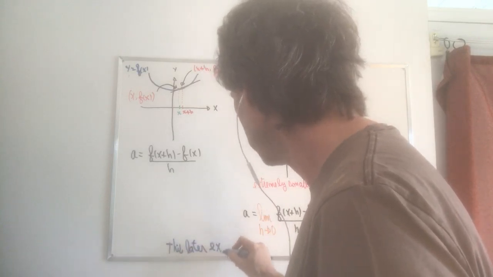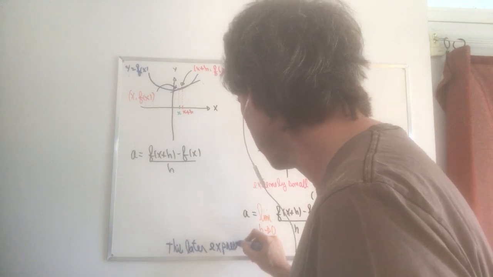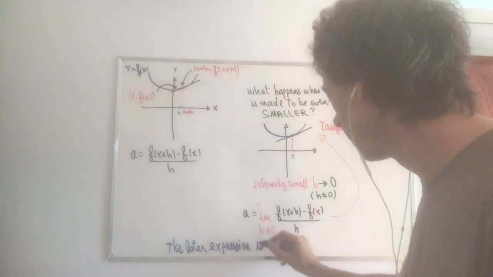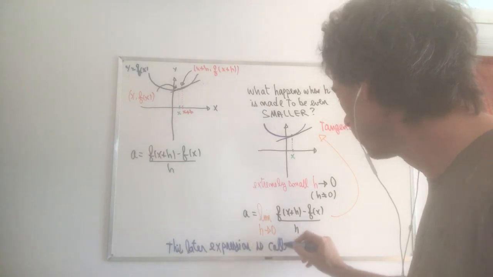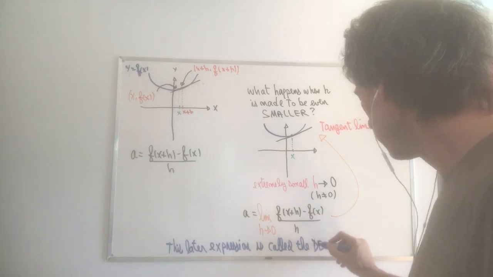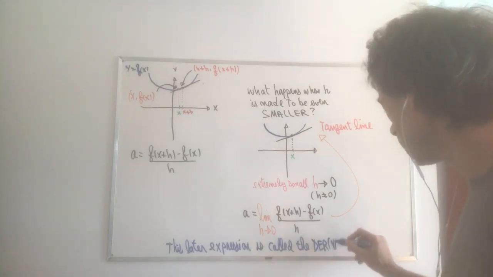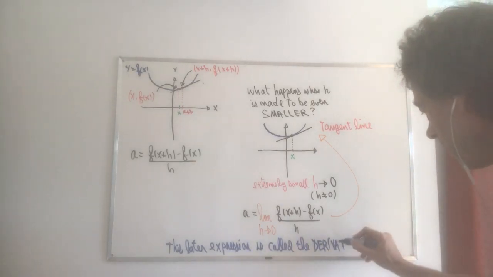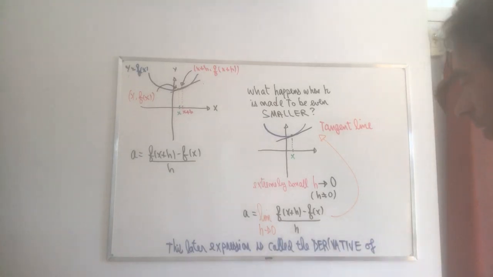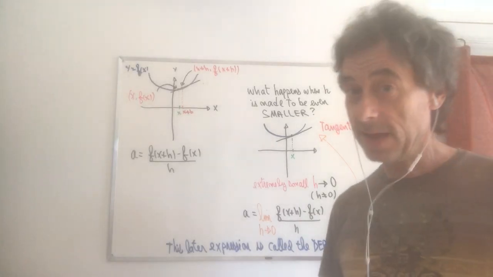This latter expression is called, you've guessed it, what is it called? The derivative. Oh yeah. It's called the derivative. This is a word that you're going to hear very often in this course. Actually, I would say every lecture between now and the end.